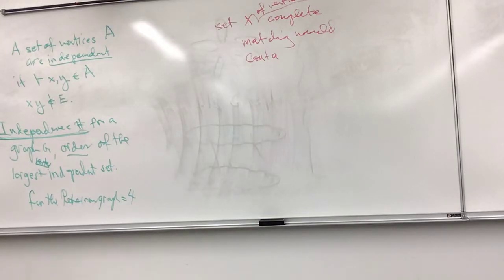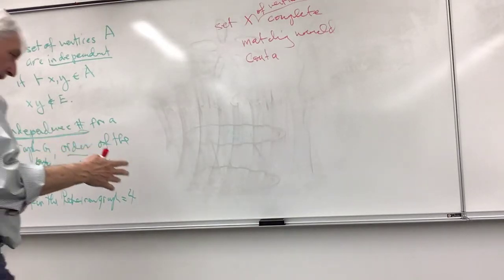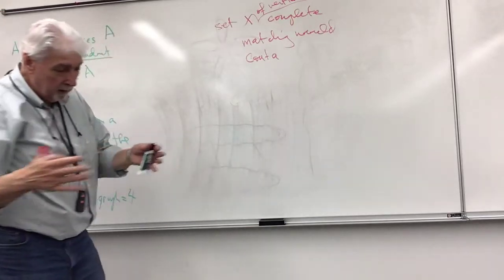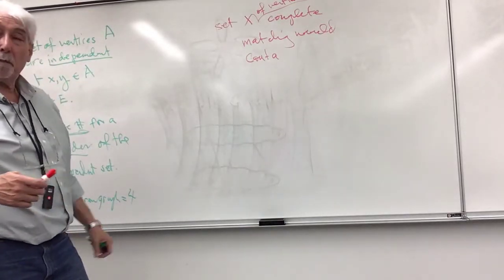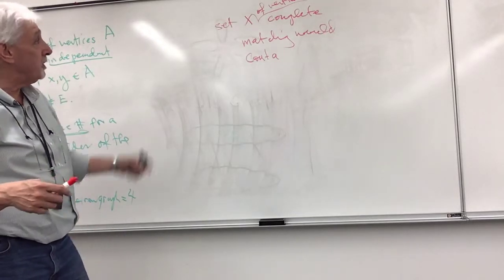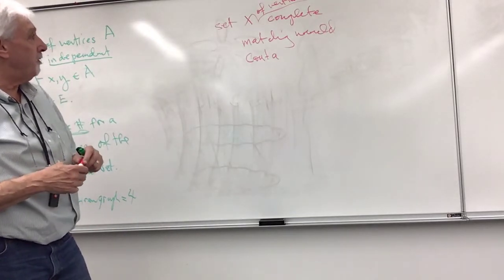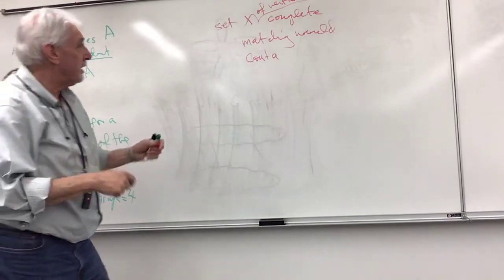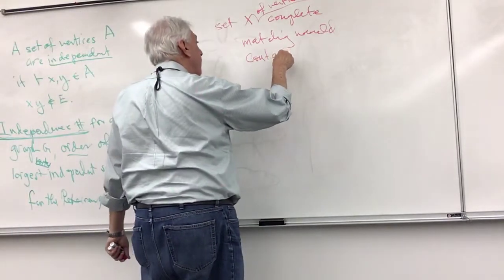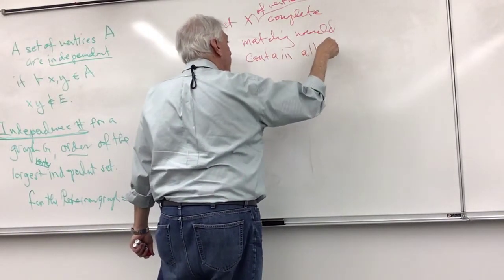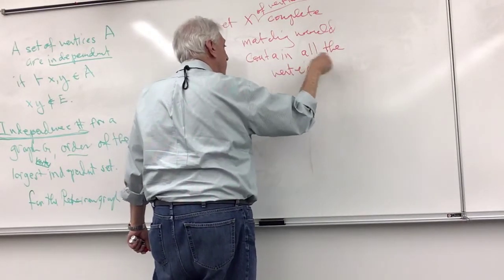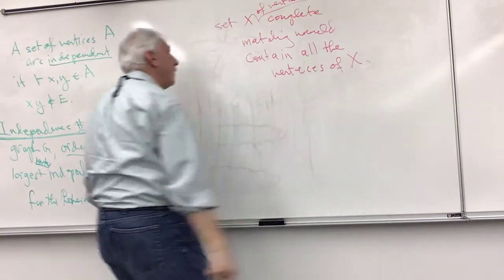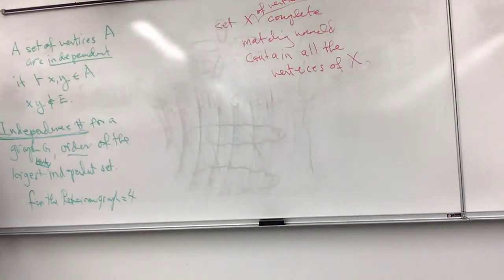But in fact, everything that we're going to do for bipartite graphs has an equivalent observation or equivalent problem for non-bipartite graphs. So if I have a set of vertices, a complete matching would contain all the vertices of X. Okay, it wouldn't contain all the vertices of the graph.